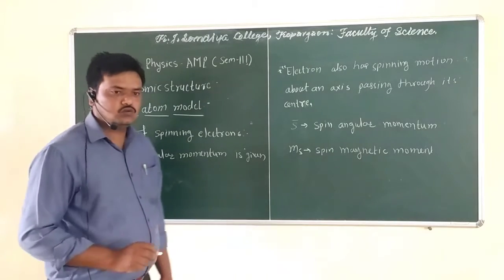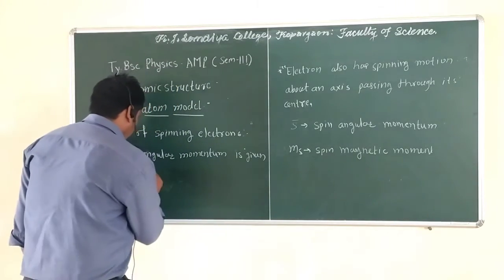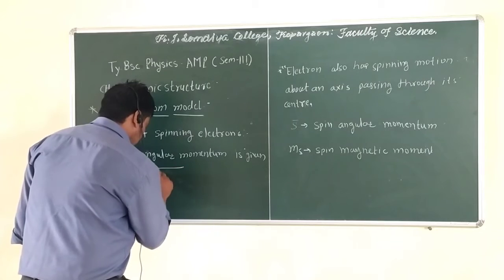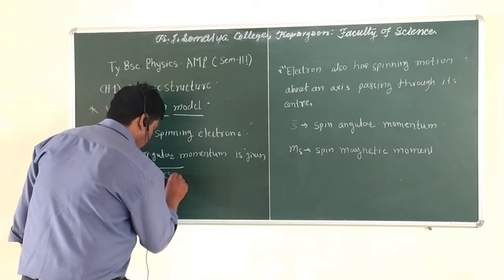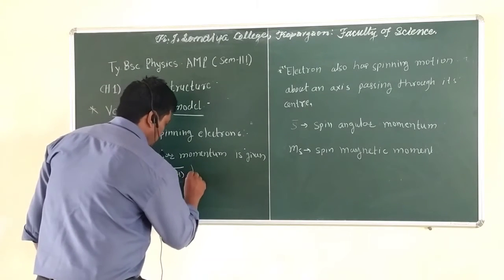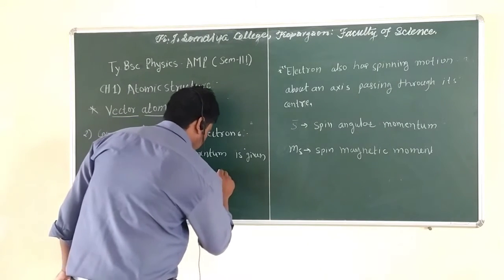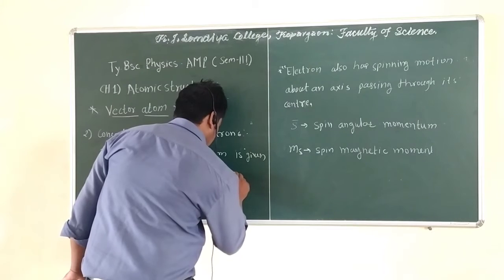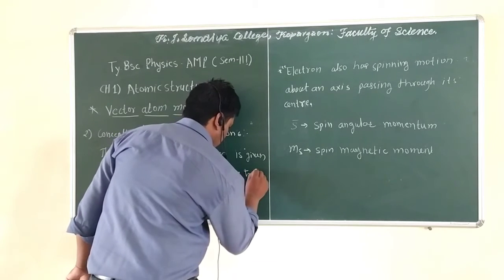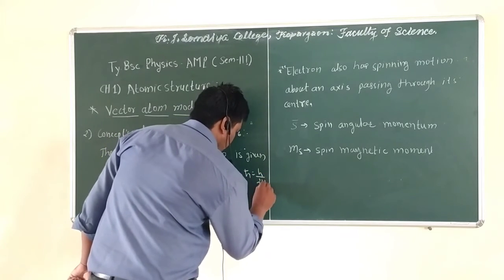S bar is equal to under root of S into S plus 1 times h upon 2 pi, where h bar is equal to h upon 2 pi.